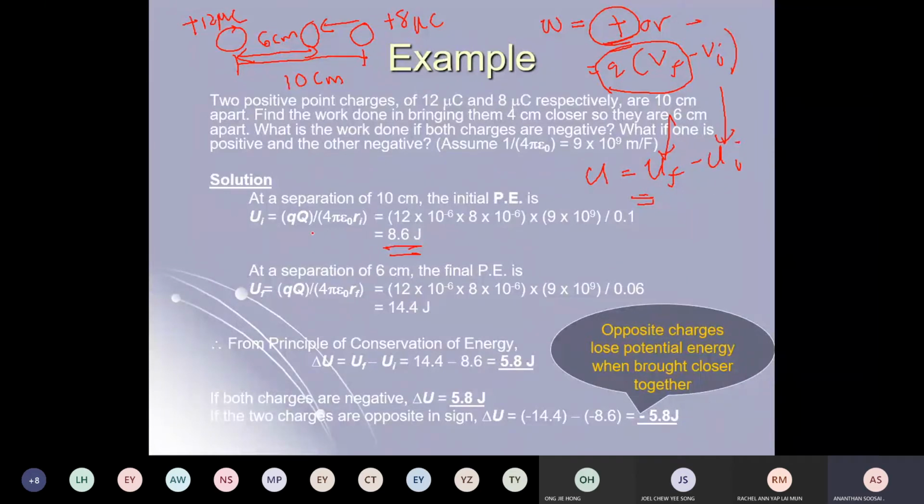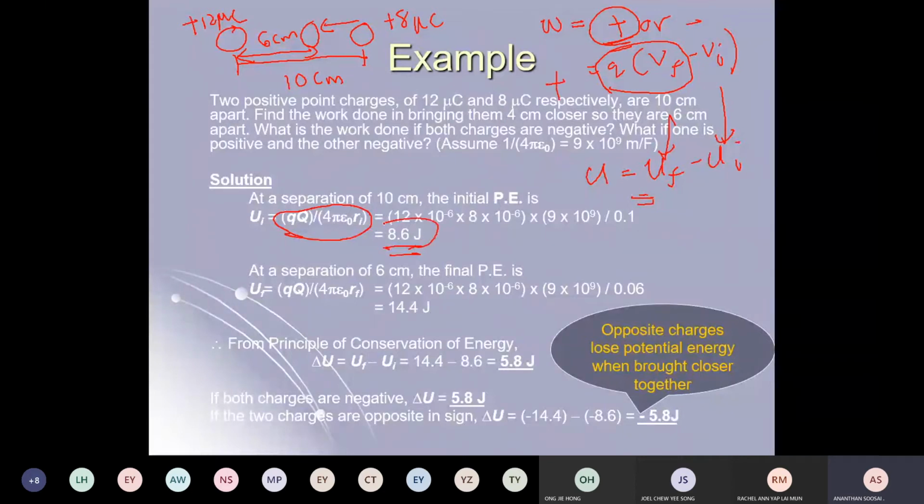So you can use kQ over R also. Q times potential gives you kQQ over R. Substitute all the values. Make sure the sign of the charge is included. So you get the answer.